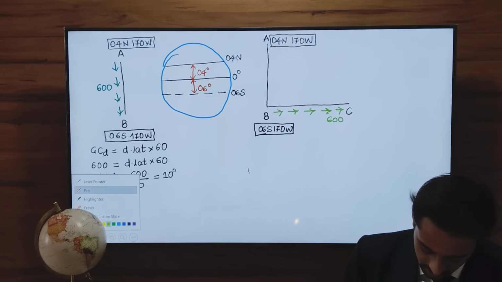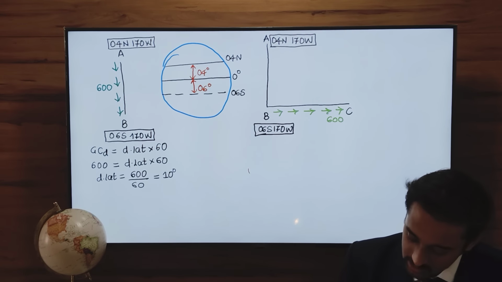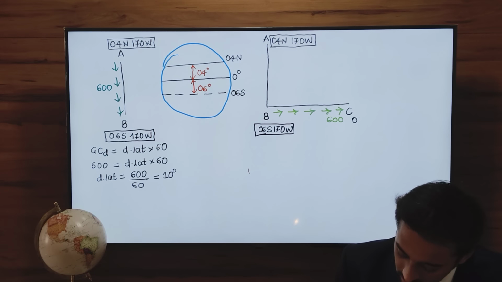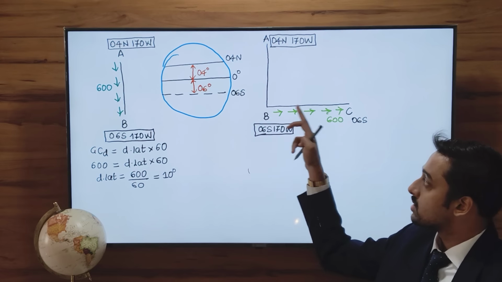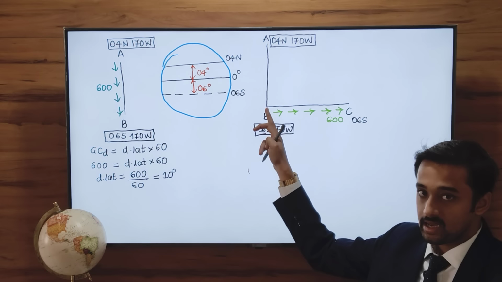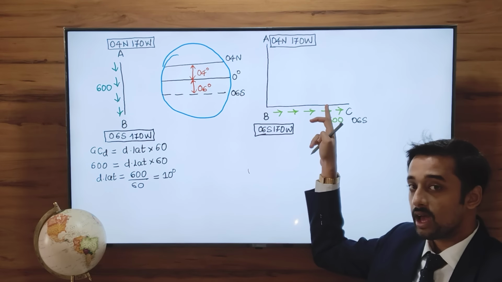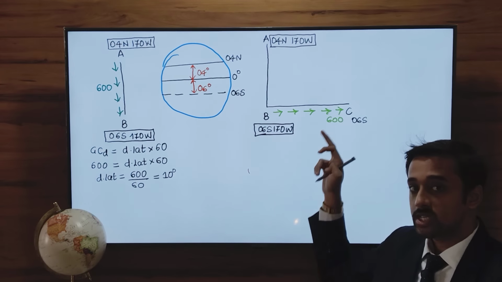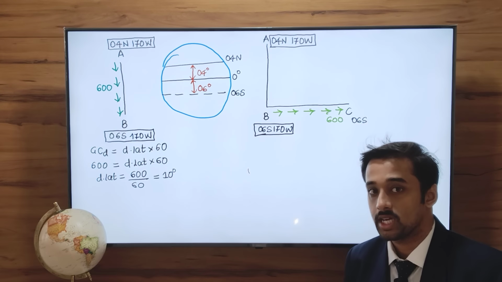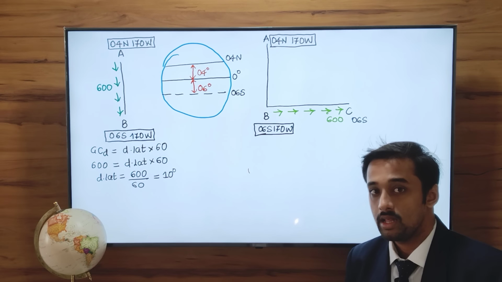So I am writing the same latitude, 06 south. What will change is the longitude. If Bravo is at 170 west, when you fly in an easterly direction, the longitude of Charlie will be a new longitude. It will change.